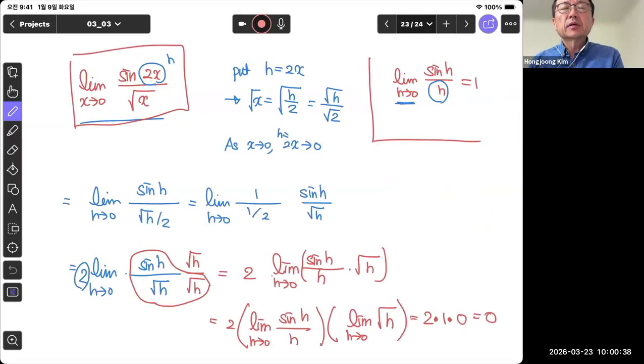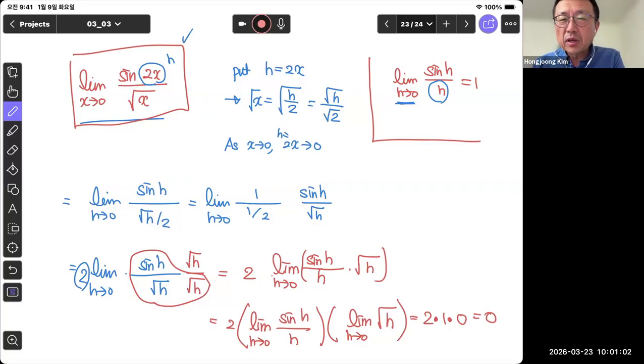So, as I said, sine h over h. The h inside the sine function and the h in the denominator are the same. And then you consider the limit as h goes to 0. So, in this example, I have sine 2x.